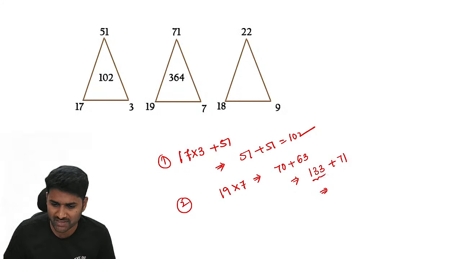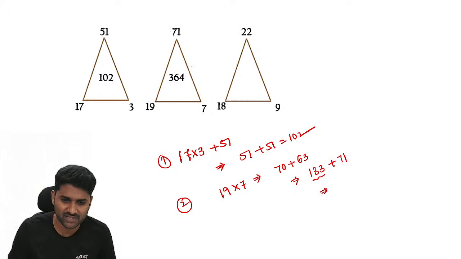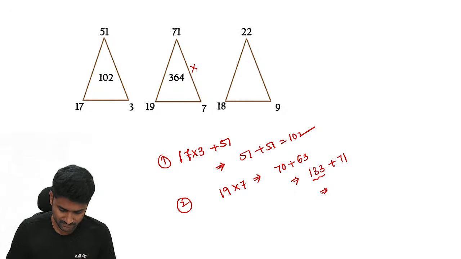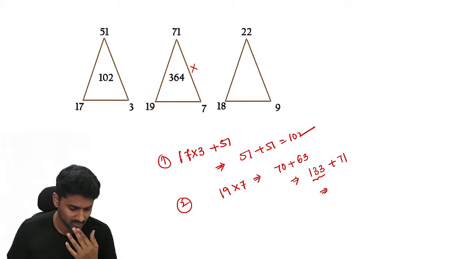So the total resultant is 133 plus 71, which is not 364, right? Ramesh, it satisfies condition number 1, but it is not satisfied with condition number 2. So kindly check once.